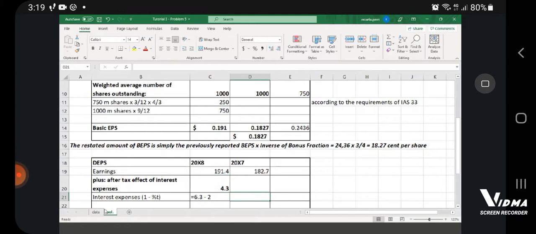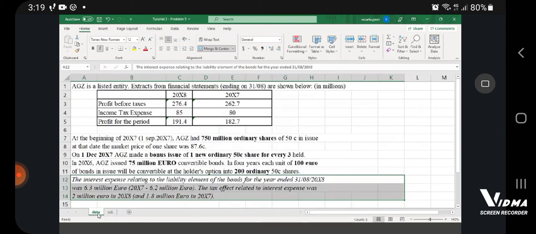Whereas in 2017, it was 6.2 million less the tax effect of 1.8, so the after-tax effect is 4.4. Again, have a look at the information over here.